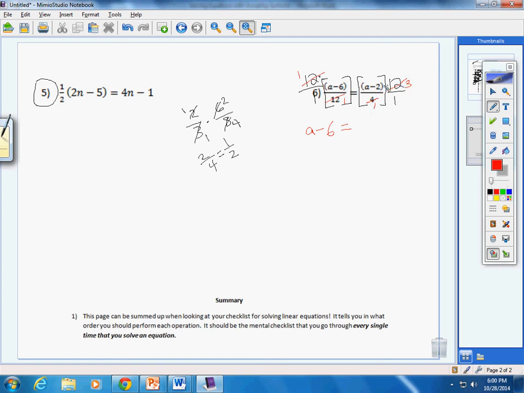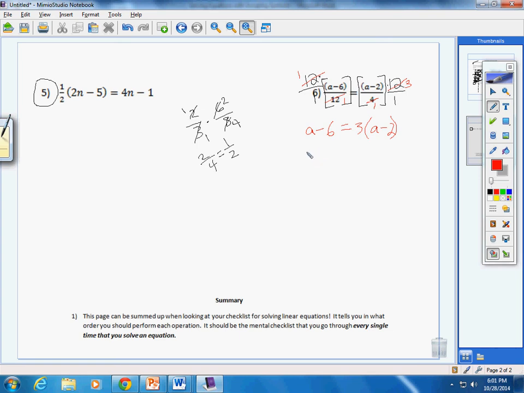What do you have left on top? You have 3 times this whole quantity, a minus 2. 3 times a minus 2. That's all you have left. You just got rid of your denominators, and this is now way easier to work with because you don't have fractions. Okay, that's why step 1 in our checklist is so important when we're dealing with fractions.